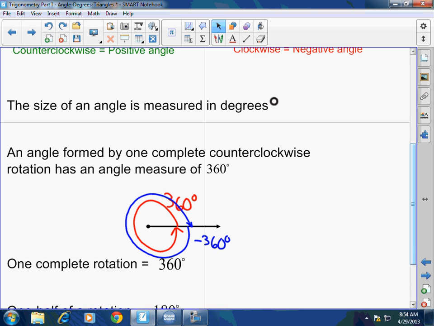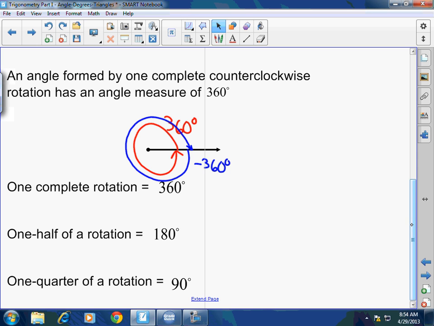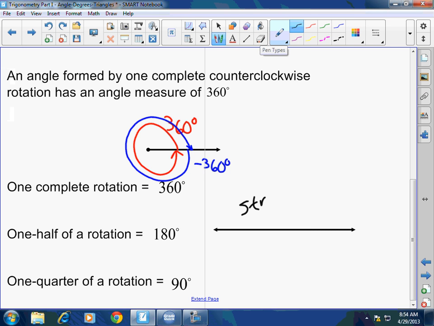So one complete rotation is 360 degrees. Half a rotation, my friends, is 180 degrees, okay? That's a line. When you have 180 degrees, it's a line. So a straight line is also known as a straight angle.